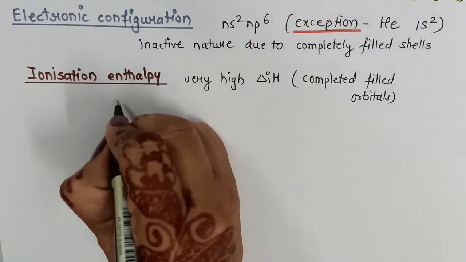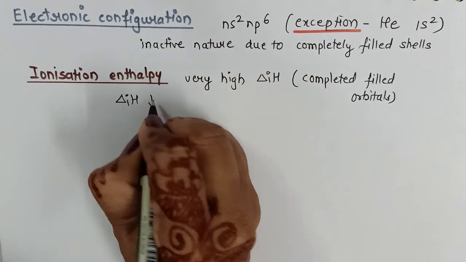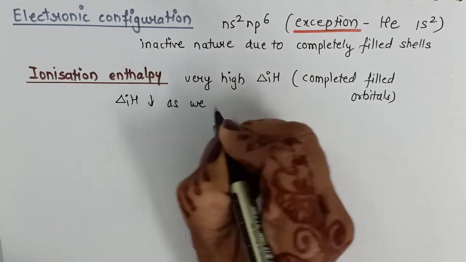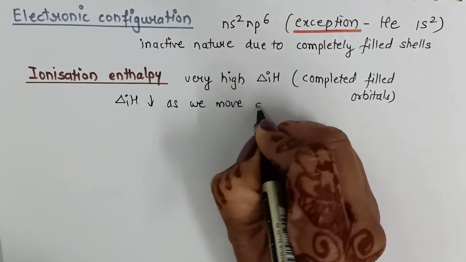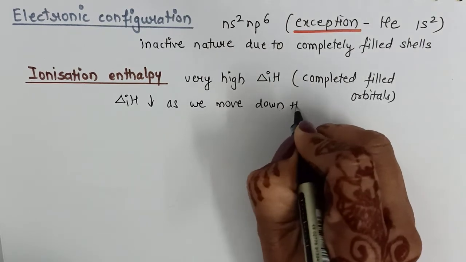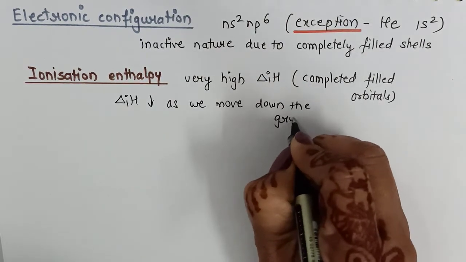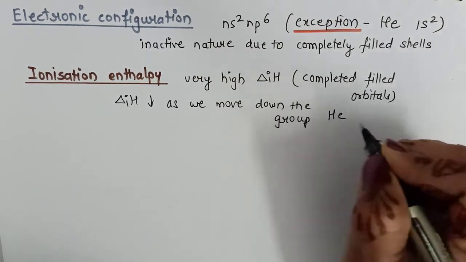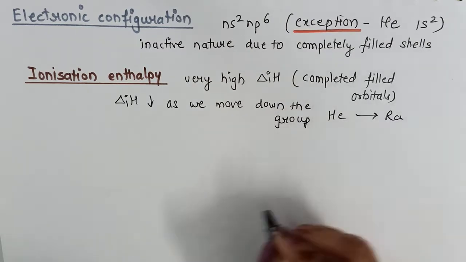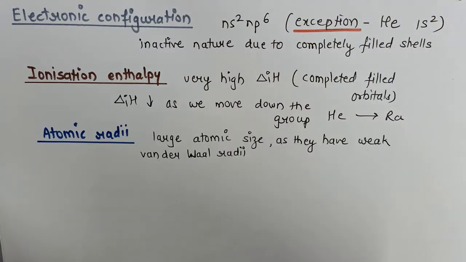But still ionization enthalpy decreases as we move down the group. That is, as we move from helium to radon, the ionization enthalpy decreases. Coming to atomic radii, we know noble gases are the largest in their respective period.